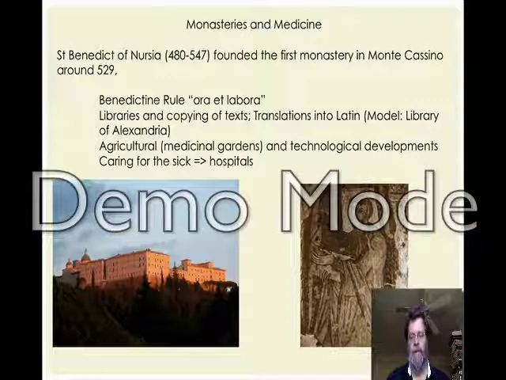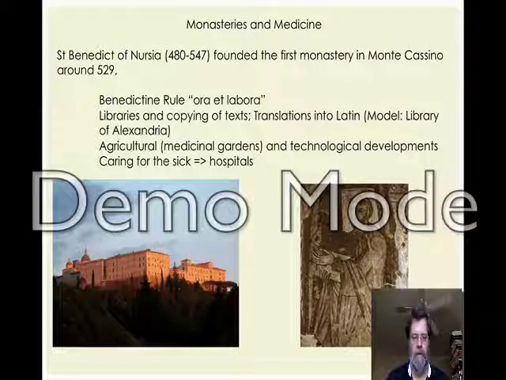One of the texts that they translated were those Materia Medica books that basically compiled the known knowledge about medicinal plants, and that led to the establishment of medical gardens tied to the monasteries and tied to the hospitals in the monasteries.